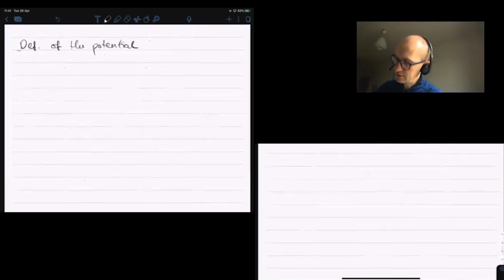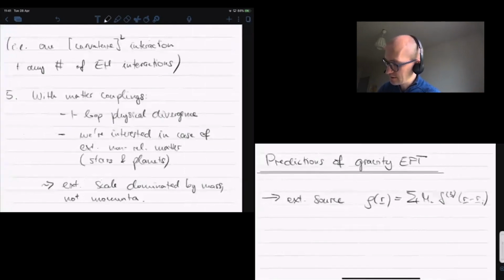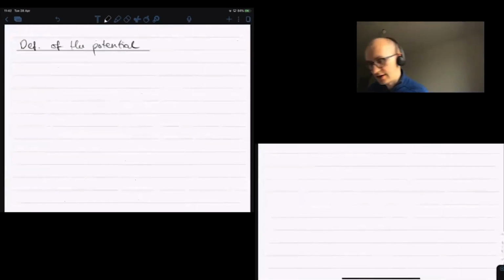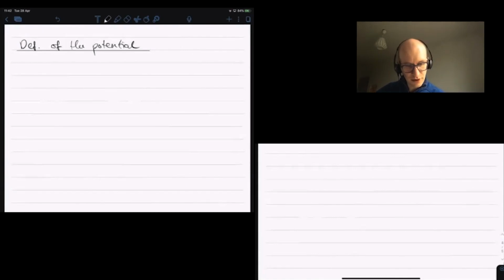This is something that's treated in any quantum mechanics undergraduate course, but I'll remind you. So let's consider the following diagram.